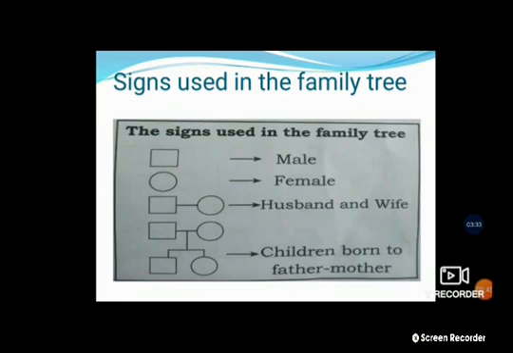So these are the signs we use to indicate male, female and children in a family tree. Observe it correctly. It is also in your textbook, on the first page of lesson number 2.